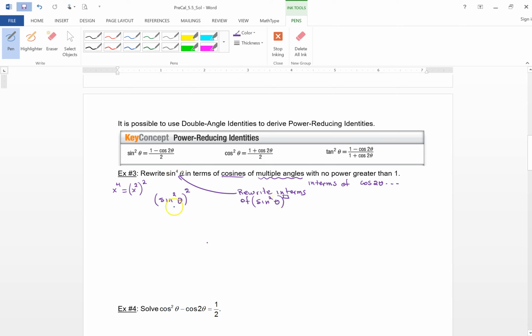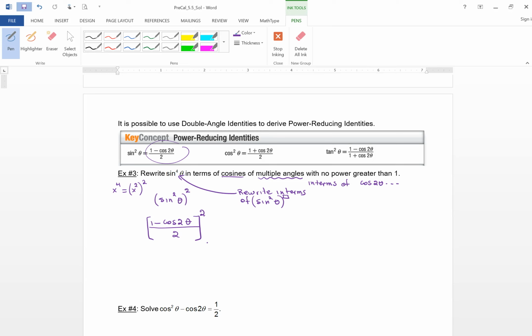Now, what is sine squared theta though? Sine squared theta is 1 minus cosine 2 theta over 2, and I want to do that squared. It's the other identity from way back.